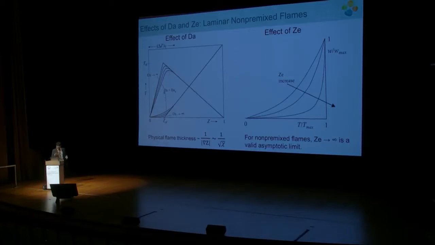So in the non-premixed flame, the flame can burn as much as you can bring your fuel and oxidizer together. In the infinite Damkohler number limit, you will see the flame reaches the maximum possible value. But as the Damkohler number decreases to a finite rate, chemistry takes place, and the maximum temperature is not as high.